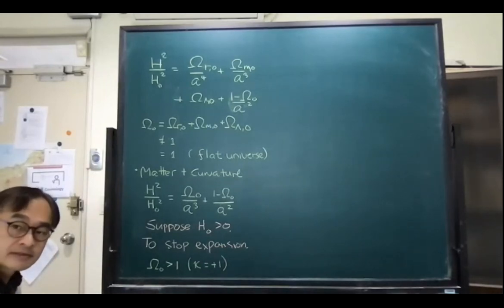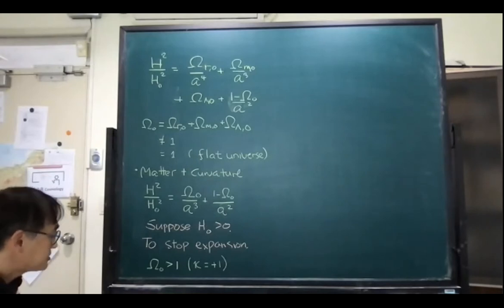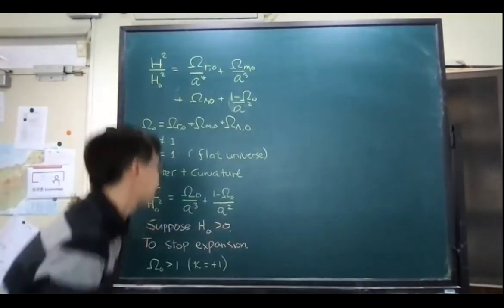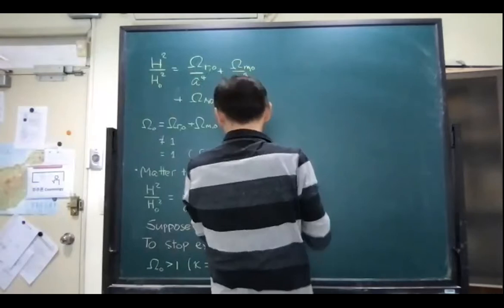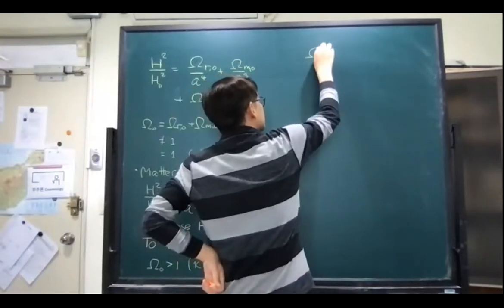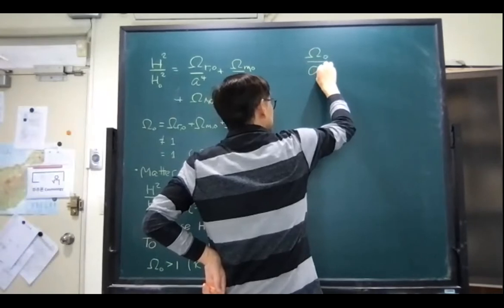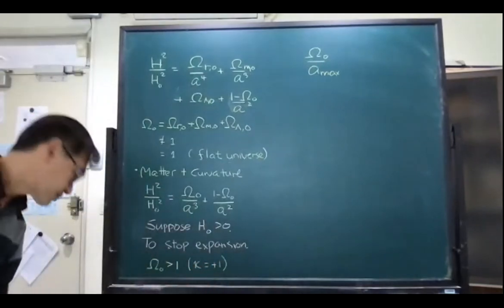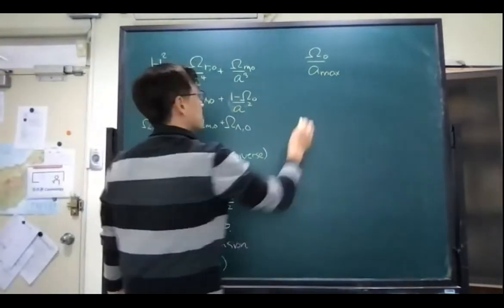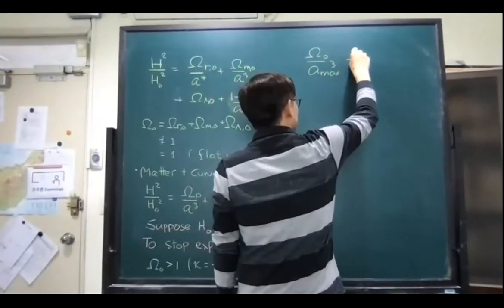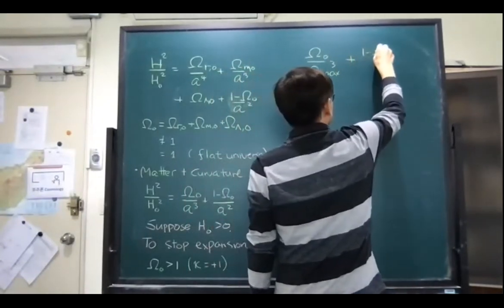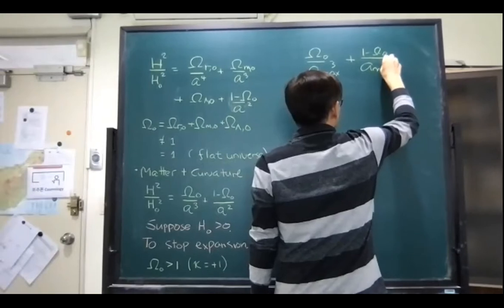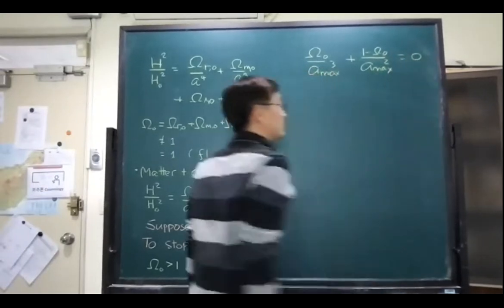And the maximum expansion happens when this right-hand side becomes 0. So I have omega 0 over a max to the power of 3, where let's call the scale factor at the maximum expansion a max, plus 1 minus omega 0 over a max squared has to be 0.